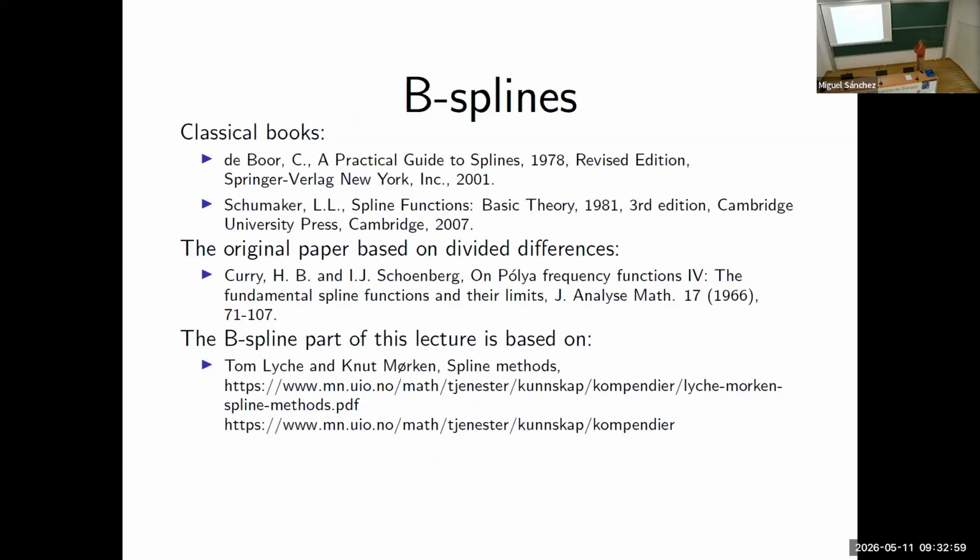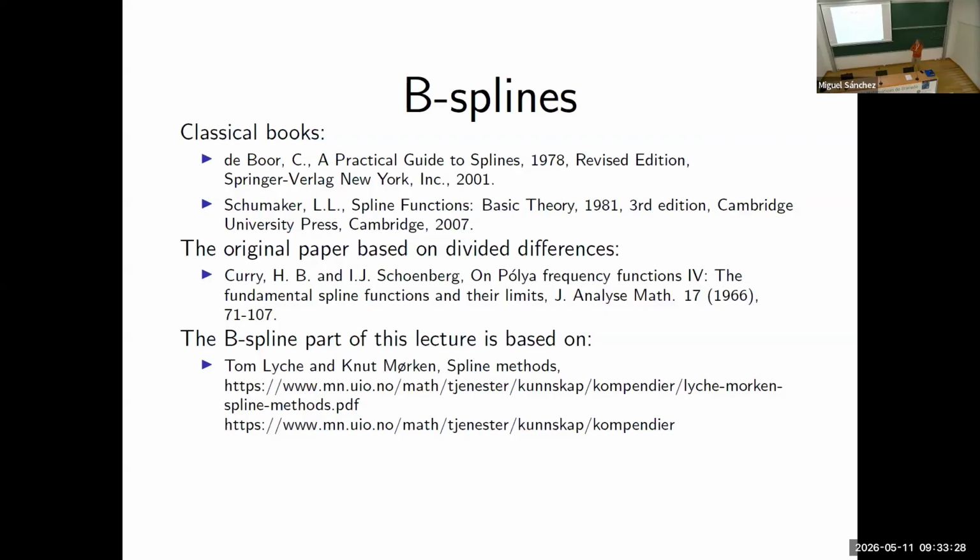Now I turn to B-splines. The two classical books on B-splines are one by Carl de Boor and one by Larry Schumaker. They both appeared around 1980 and have been updated, de Boor's book in 2001 and Schumaker's book in 2007.